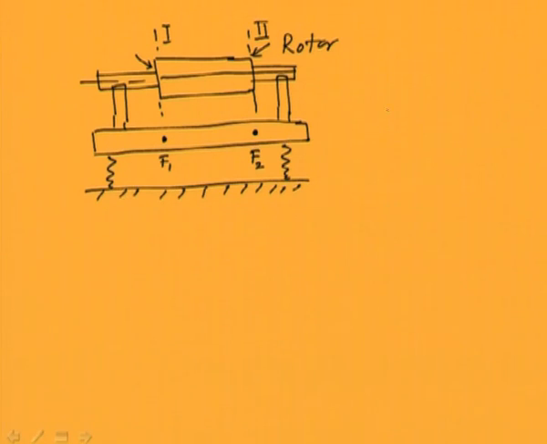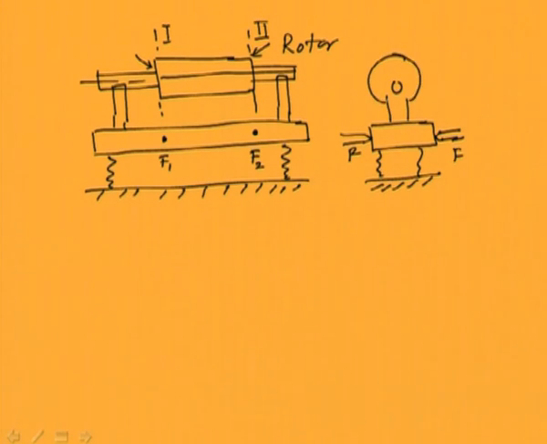This will be more clear if we see it from the side. The fulcrum is something like this, and is spring supported, and the rotor is mounted here like this.